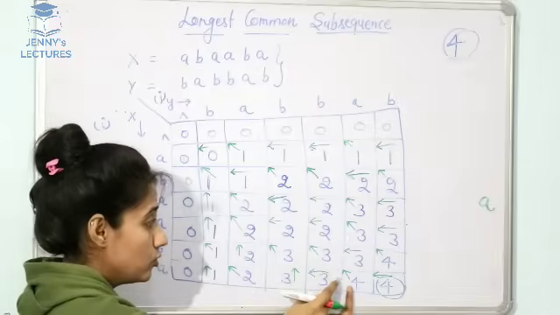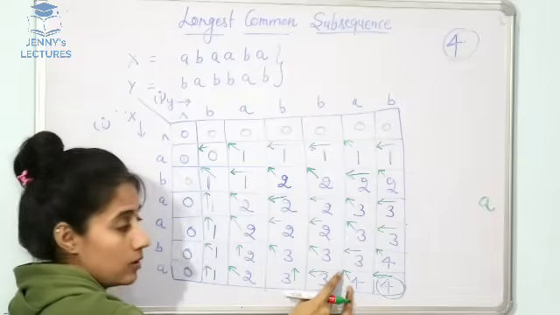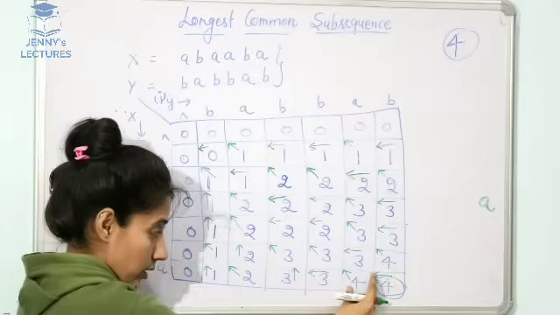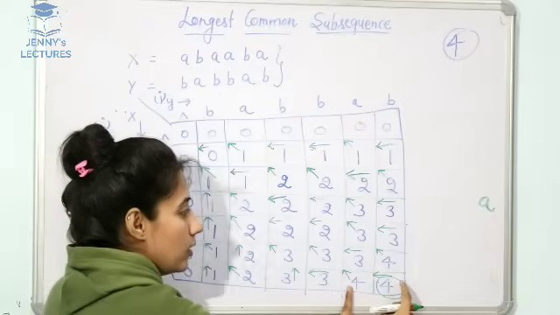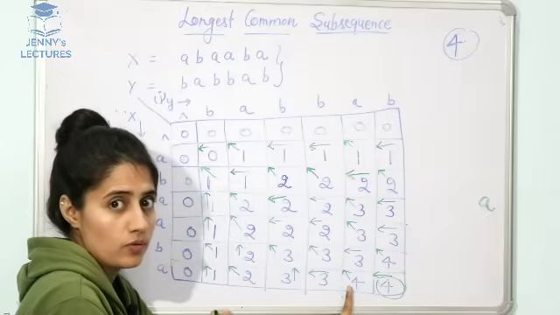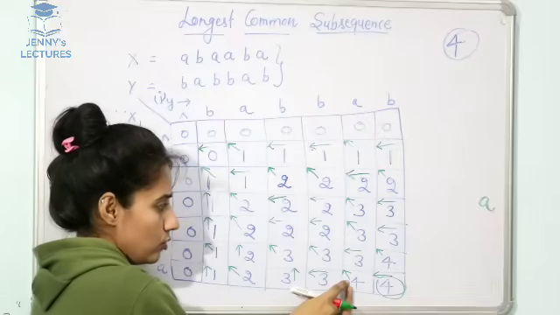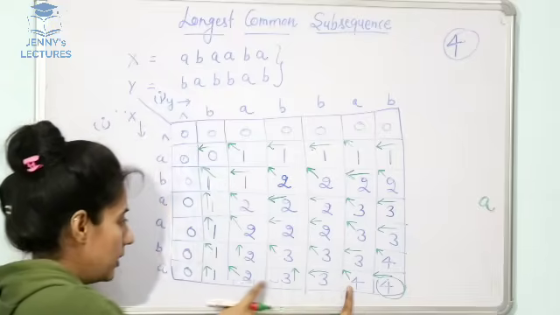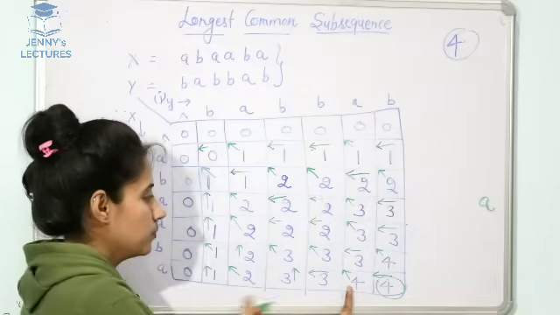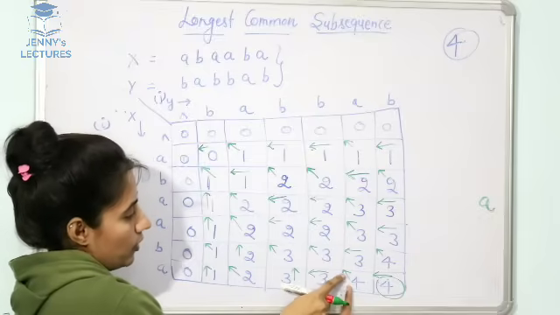If the arrow goes diagonally upward, we check the character from strings X and Y. If the arrow goes left or upward, then you will not write the character. Now from here we are going upward.